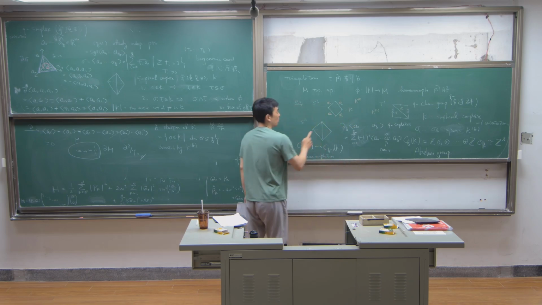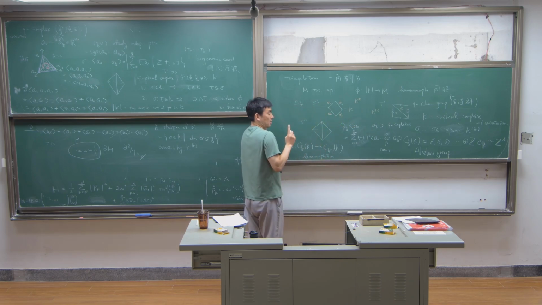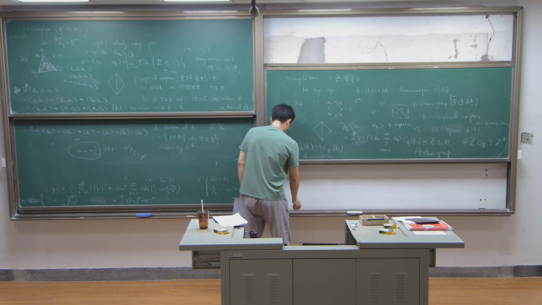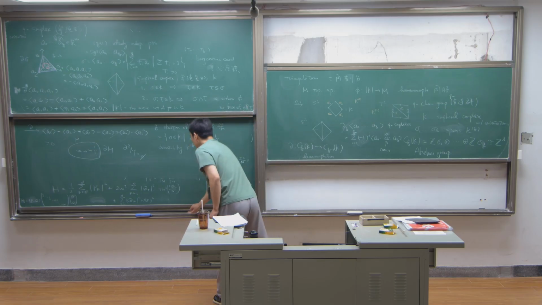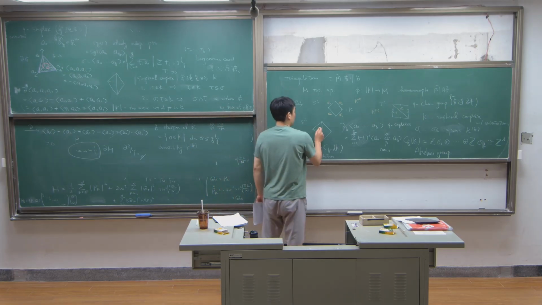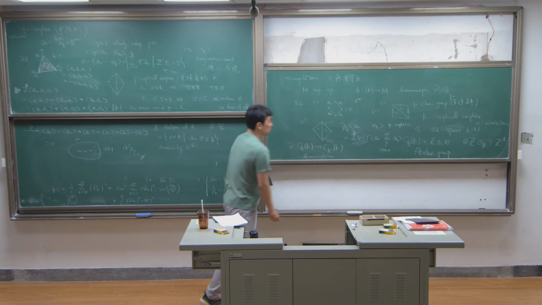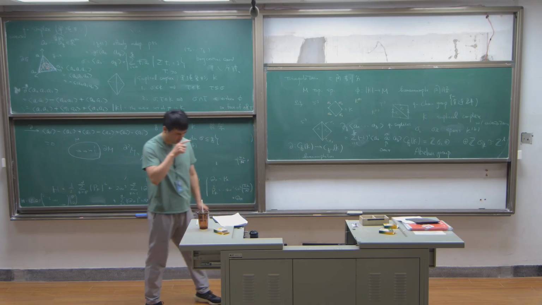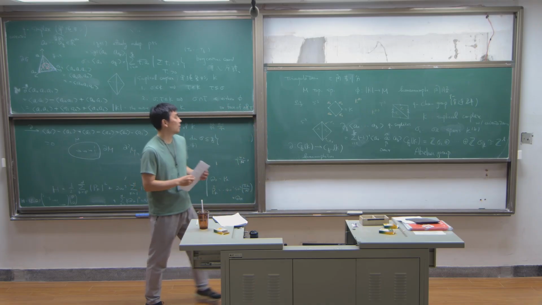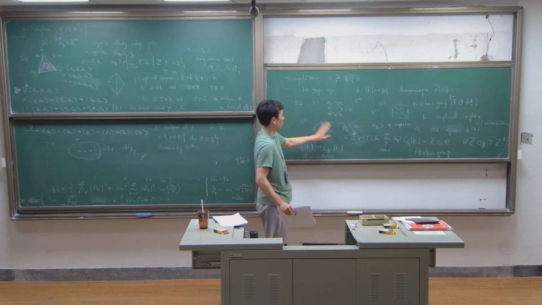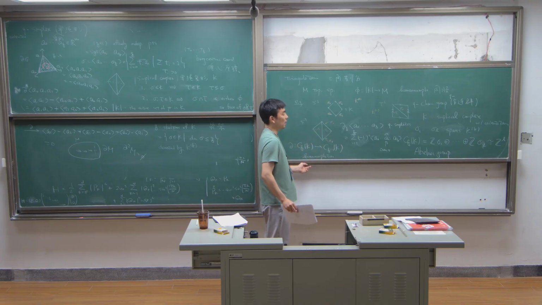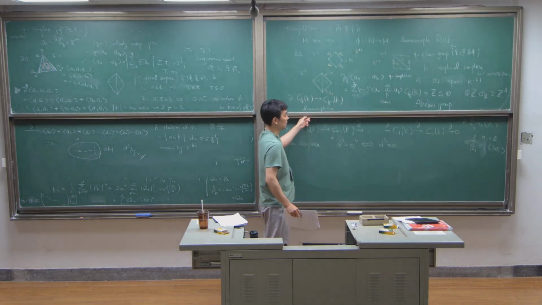And in this example, the two skeleton is spanned by here: sigma 1, sigma 2, and then sigma 3, and sigma 4. For the tetrahedron, the four faces are spanned by two-dimensional simplices.